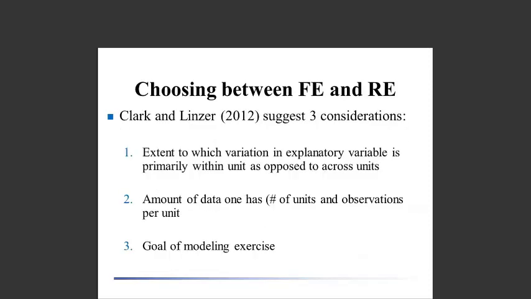Now, Clark and Linzer have also come up with some useful tips that they outline for choosing between fixed and random effects. They suggest 3 considerations when choosing. First is the extent to which variation in the explanatory variable is primarily within unit as opposed to across units.